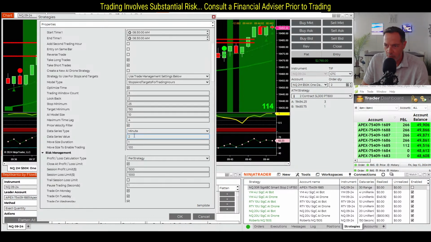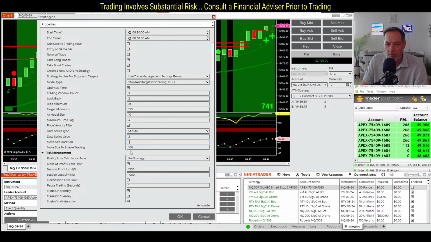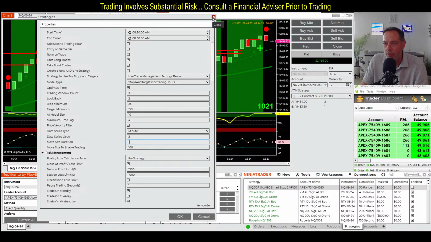So I want to look at a 2-minute candle, and over here is how many candles after you see this 100 tick move that you want to trade. So in this case, it's one more candle after the 2-minute that was formed that made it over 100 ticks. So that's kind of the new filter that we're looking at.